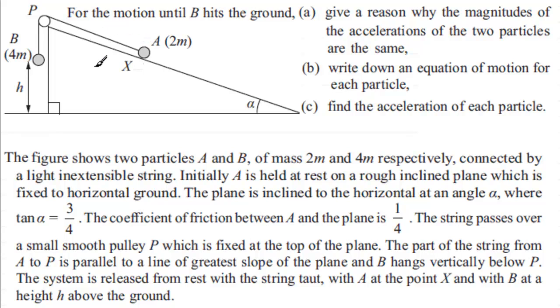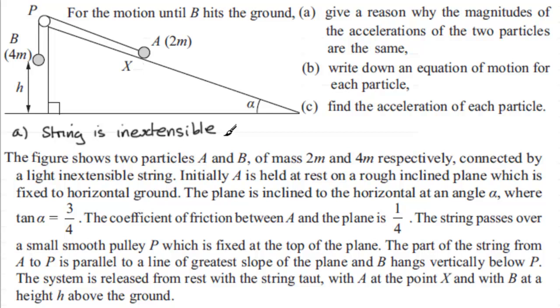So they're going to move with the same acceleration purely because the string is inextensible. So we'll just write that in there. The string is inextensible. Right, okay, so that's part A.